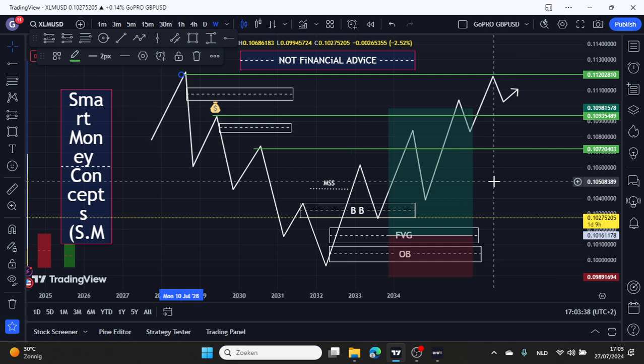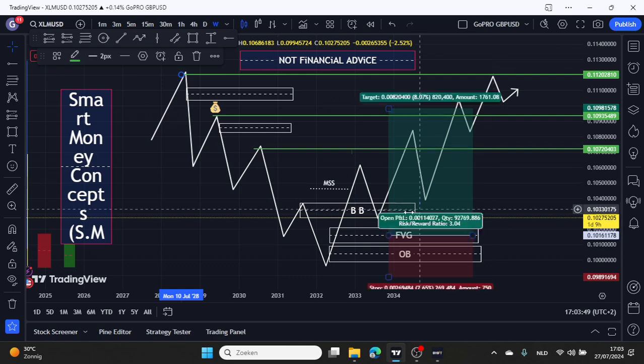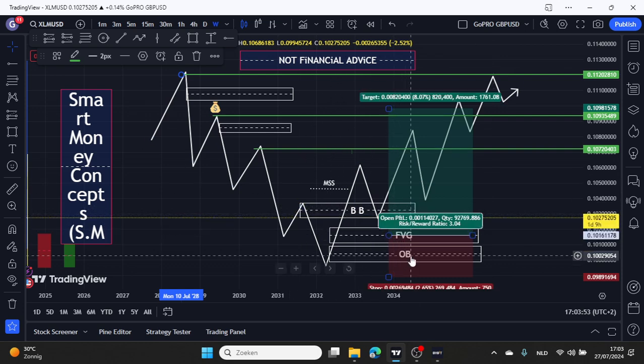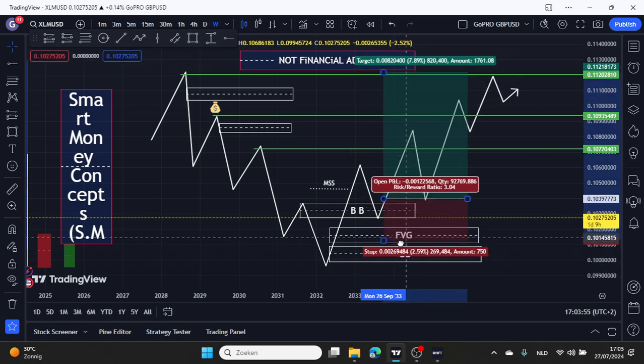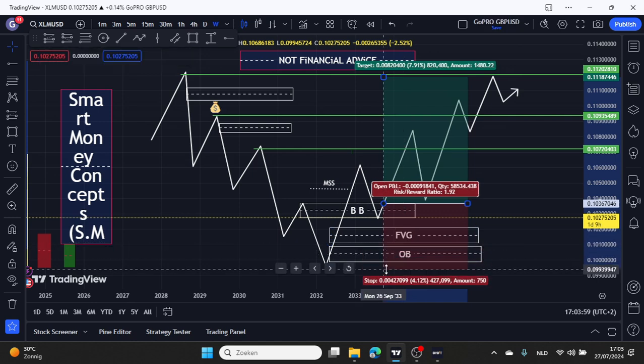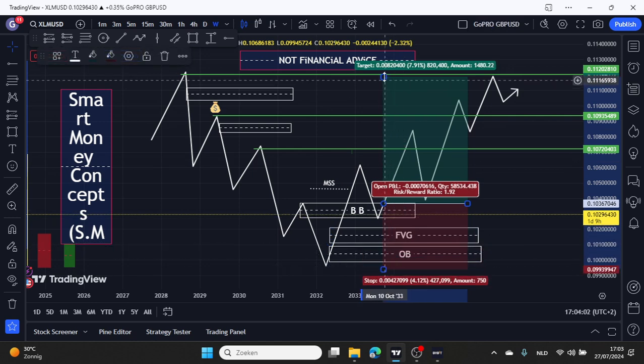Depends on where my setup presents itself in the best optimal way with the best OTE, optimal trade entry. And in this case, my entry would be in the breaker block, maybe even on top of the breaker block. And I would go for a safe stop loss here.